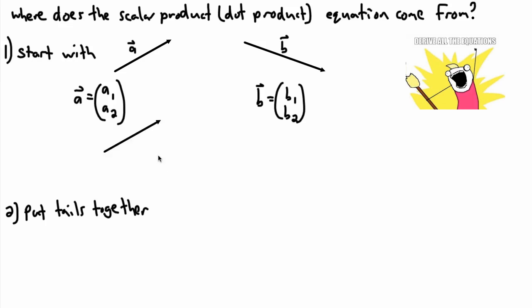There's A. And I'm going to also do the same with B. I'm going to put them together because I'm going to try to do some geometry with them. So this is good old A.